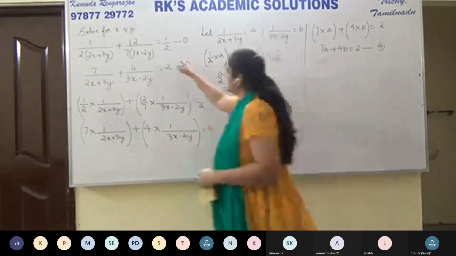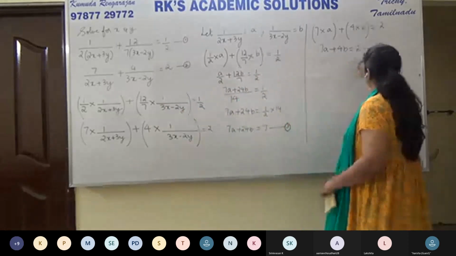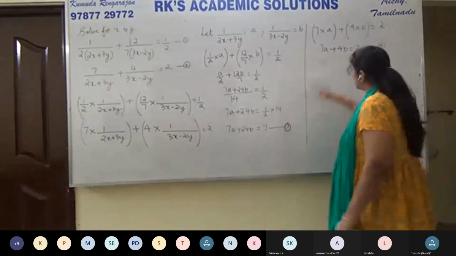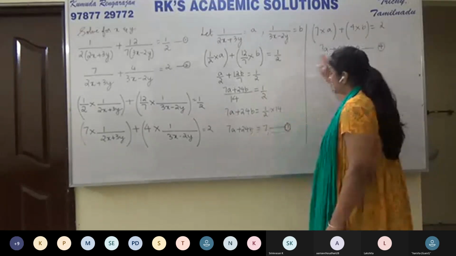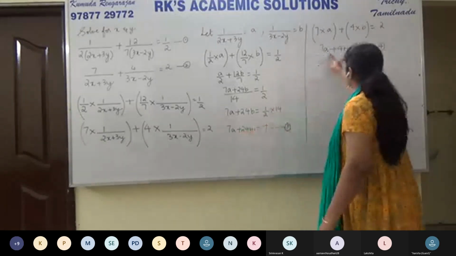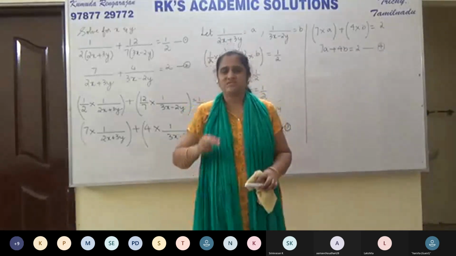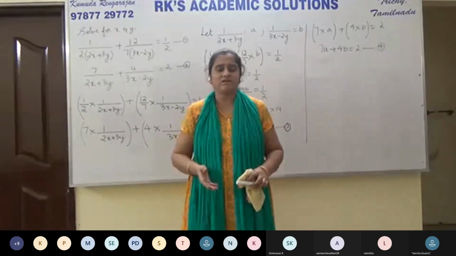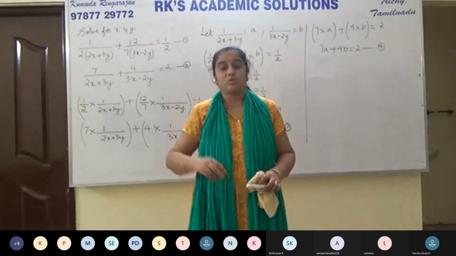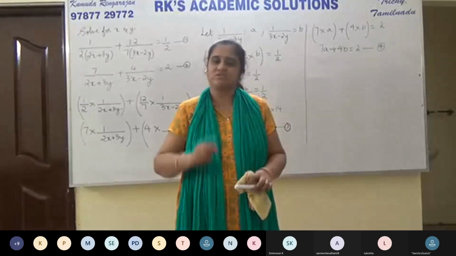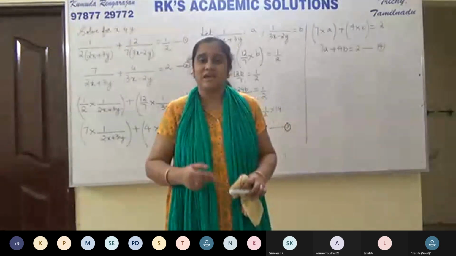We introduce a and b and we get equations 3 and 4, which are linear. Now what is the procedure? The first step is that the equations are not linear, so we reduce them to a pair of linear equations. Now we have these two linear equations in a and b.